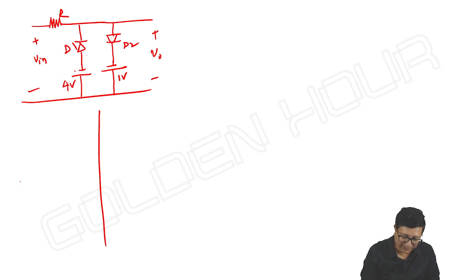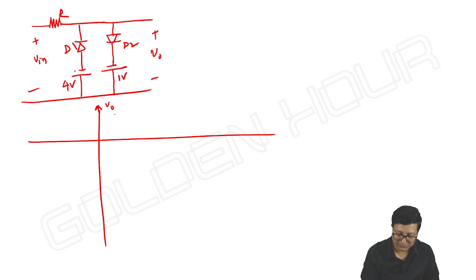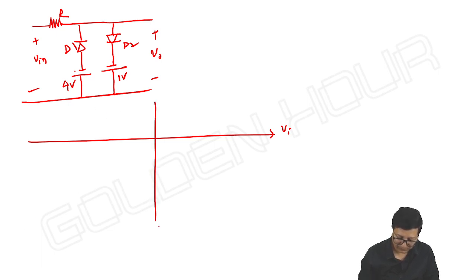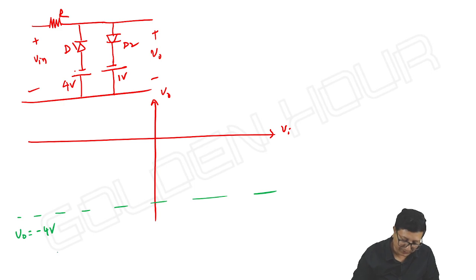So what about its transfer characteristics? One equation is V output is equal to minus 4 volts. Another equation is output is equal to input.